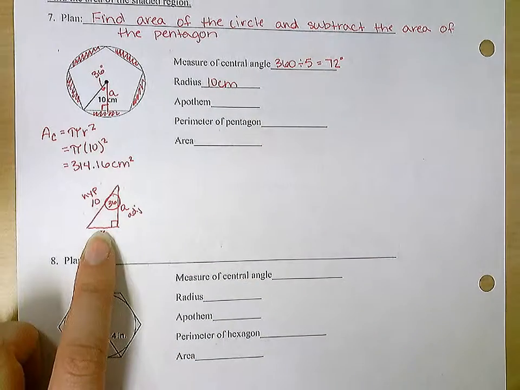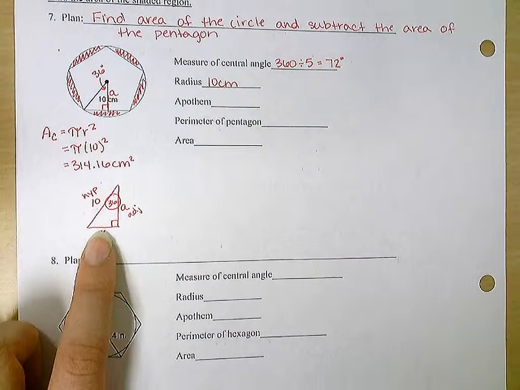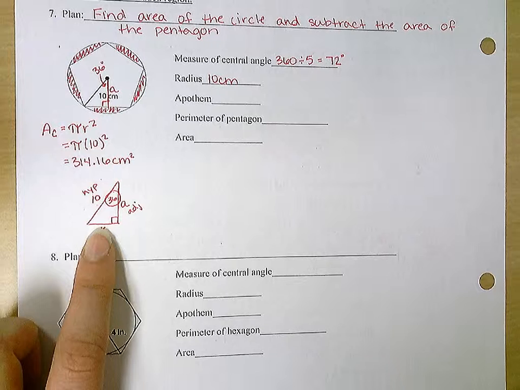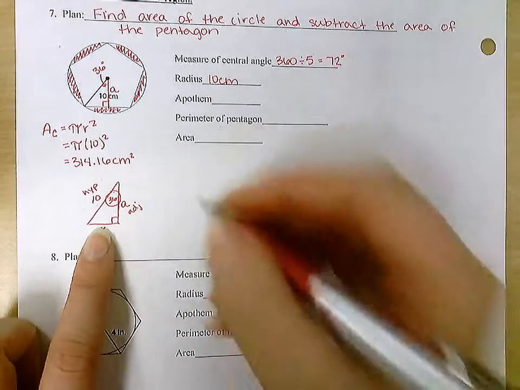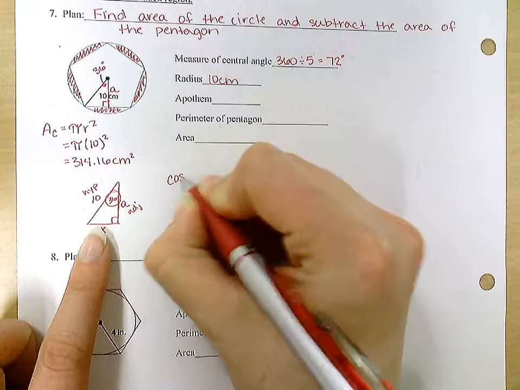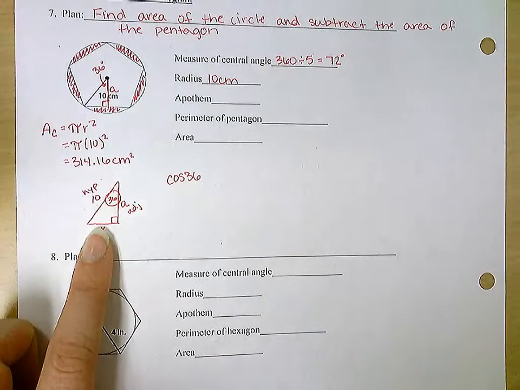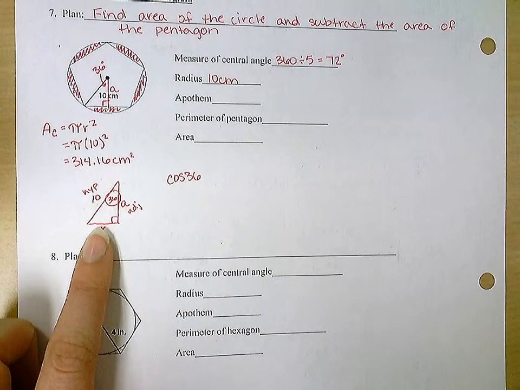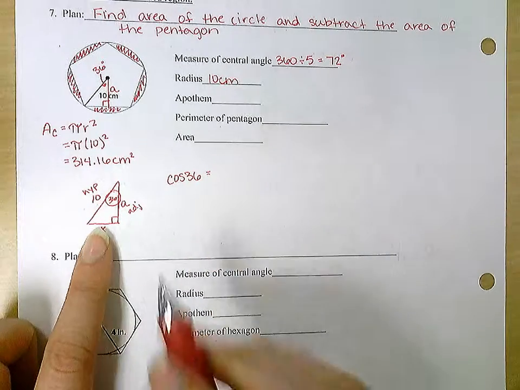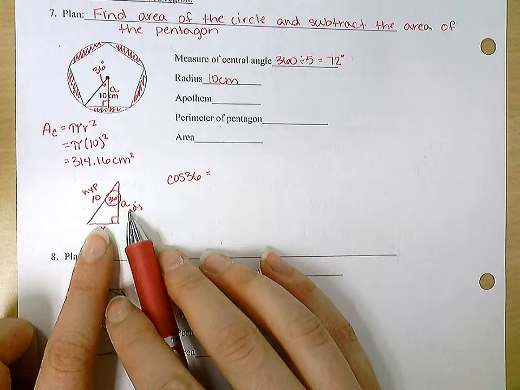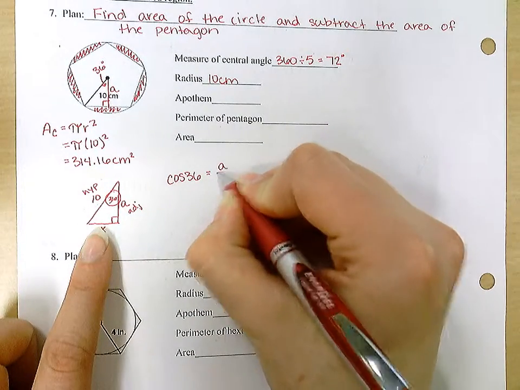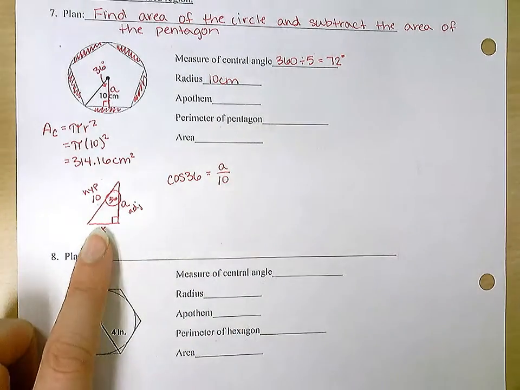If I have adjacent and hypotenuse, which trig function is that? From the front? Cosine. So I'm going to use cosine of the angle. So cosine of 36 is equal to, the adjacent side is A, over the hypotenuse, which is 10.